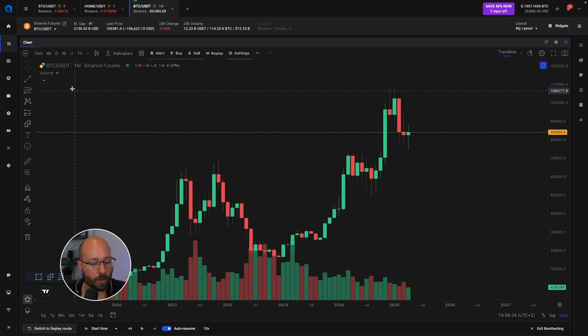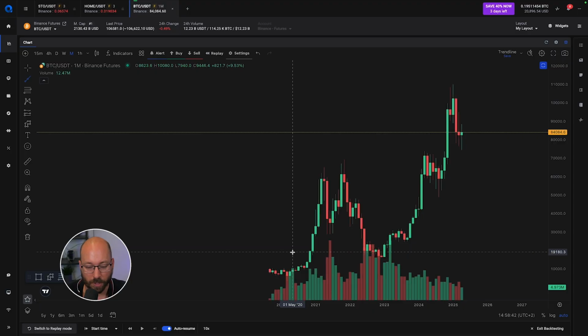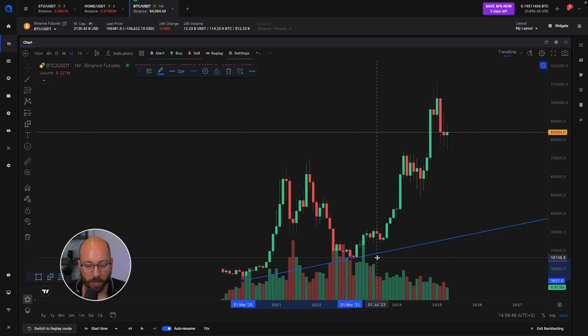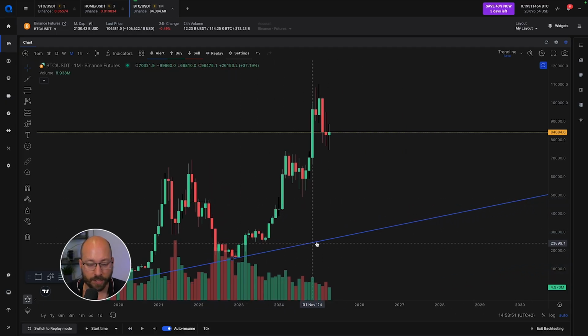As I said, we're on the monthly chart and we can draw the trend lines. Now, I was using the trendline tool, but I actually prefer to use the ray tool. This allows me to set a point A and a point B, and then I can still see the continuation of the trend.